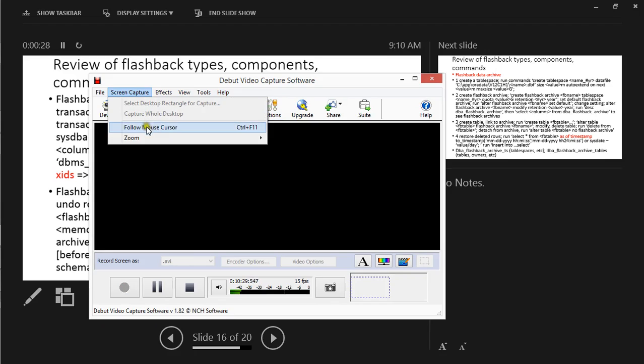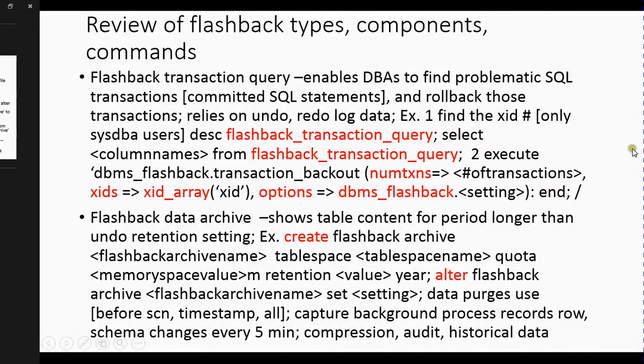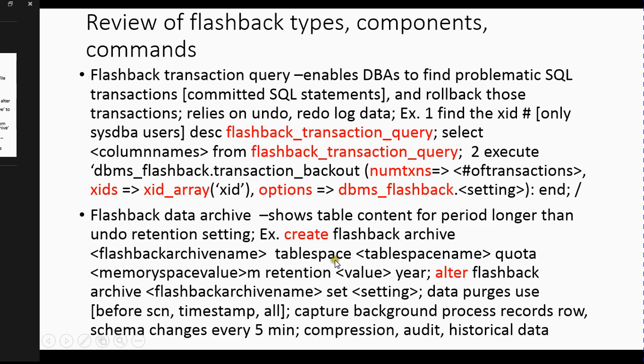Okay, welcome back. So as I was saying last time, you also have the option of creating a flashback data archive. What I'm going to do for now is cover a flashback transaction query first, and then go into the flashback data archive. Flashback transaction query allows you to roll back a transaction that was committed to the database. You have to have a set of privileges to be able to do this.